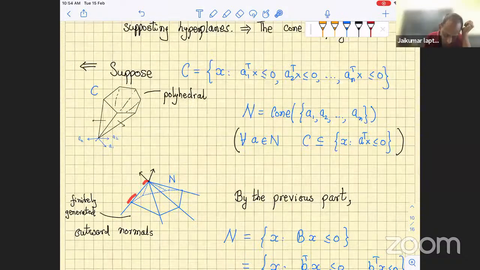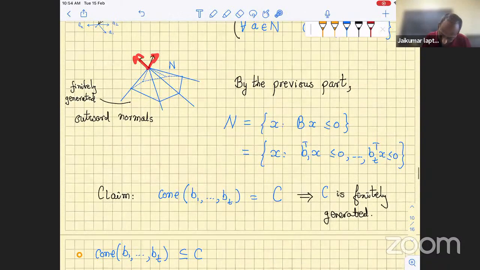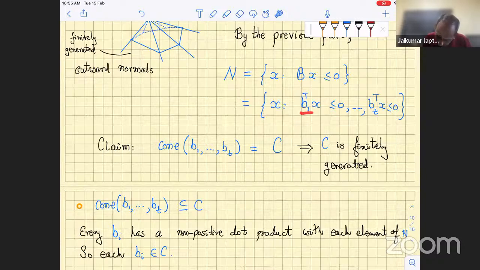That is, you take this finitely generated cone, turn it into a polyhedral cone using the first part of the theorem which we are proving, look at the normals here. And the claim is that this original cone was the same as this cone. That is, if you look at everything generated by these bi's, that will be the original cone.